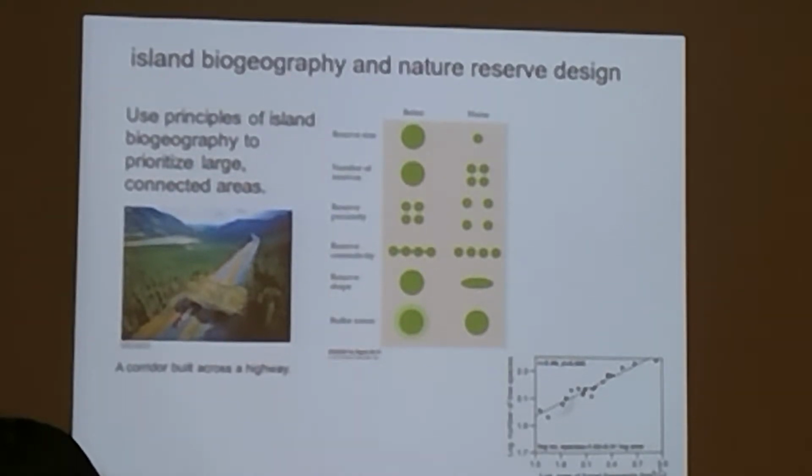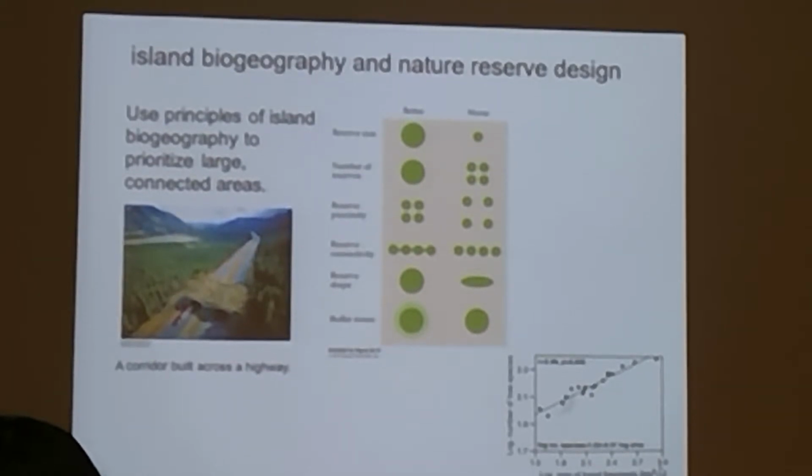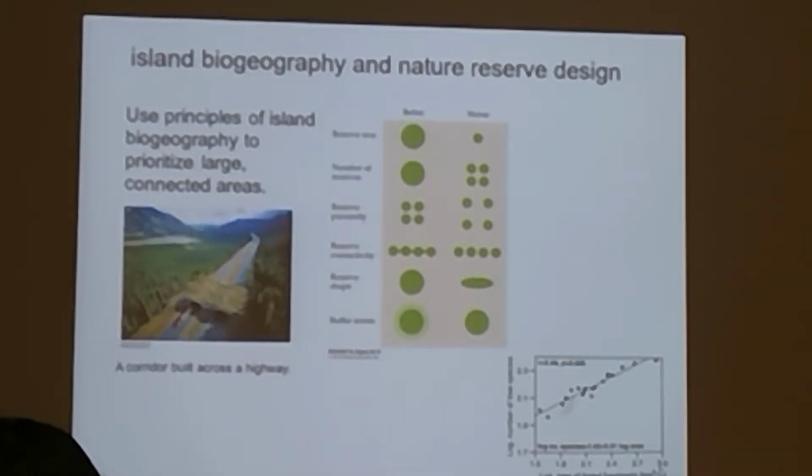The first basic principle that emerged, applied from island biogeography to nature reserve design, was the idea that larger reserves were going to be better for preserving more species. And we know from the species-area relationship, and we know from the relationship between island area and extinction rates, you're going to have more species in equilibrium in a larger reserve compared to a smaller reserve.